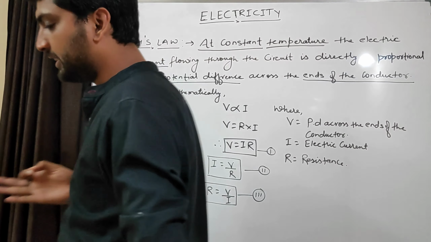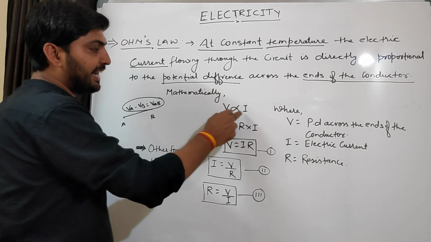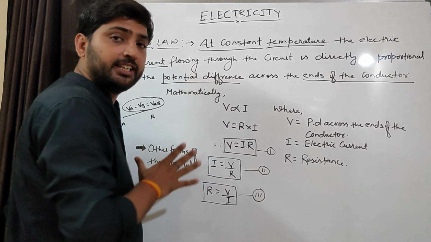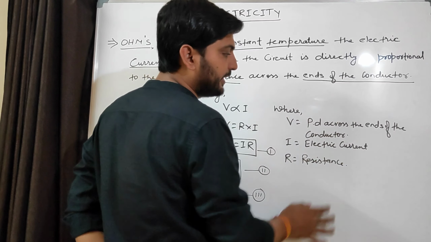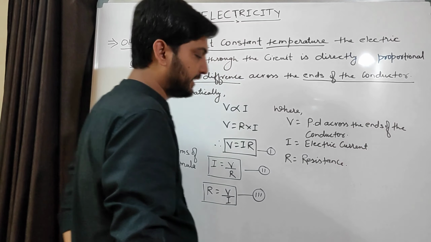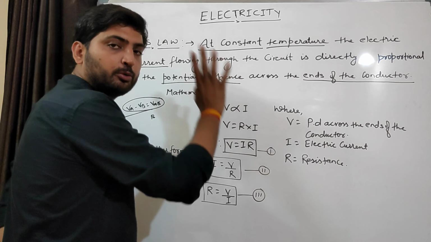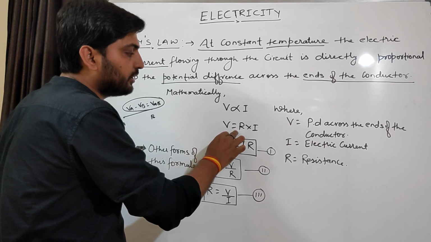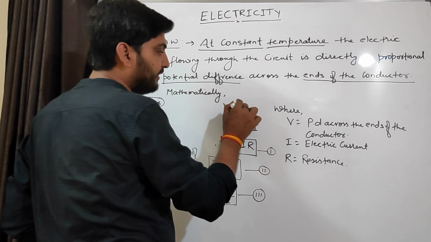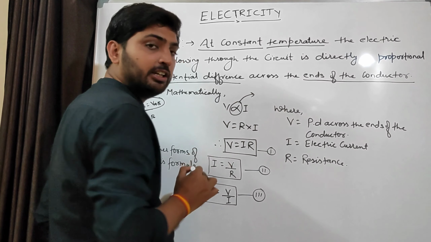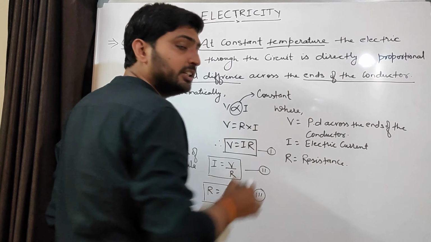If we see this statement mathematically, we find V is directly proportional to I. What is V? V is potential difference, PD, across the ends of the conductor. I is electric current. So V is directly proportional to I. If we remove this proportionality sign, we place a constant, which is called the proportionality constant.